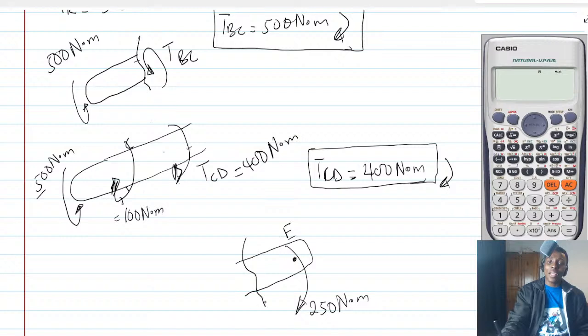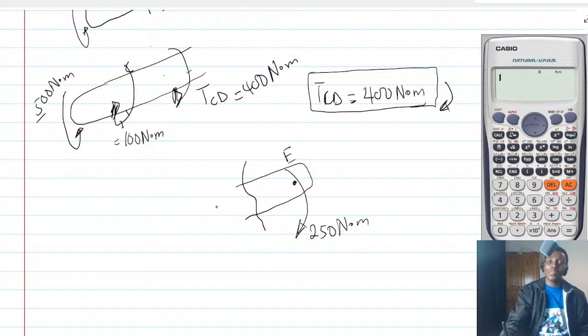So I will just clear here, then I will say that okay, so this one is 250, therefore the other force which will actually cause equilibrium must also be what? 250, but it will act in the opposite direction. Alright? So then that force must be 250. Alright?